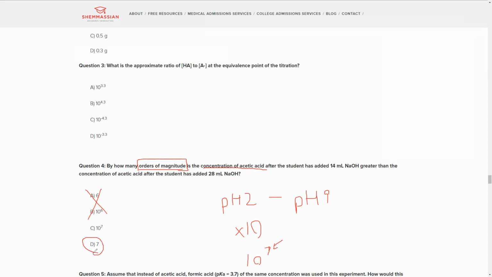If it asks for the exact concentration difference, it's 10 to the 7. If it asks for the order of magnitude, it's asking how many times do we multiply by 10? That's essentially what orders of magnitude means, and in this case, it's just 7. So this isn't anything that we're solving for. This is just a terminology thing of what orders of magnitude means.